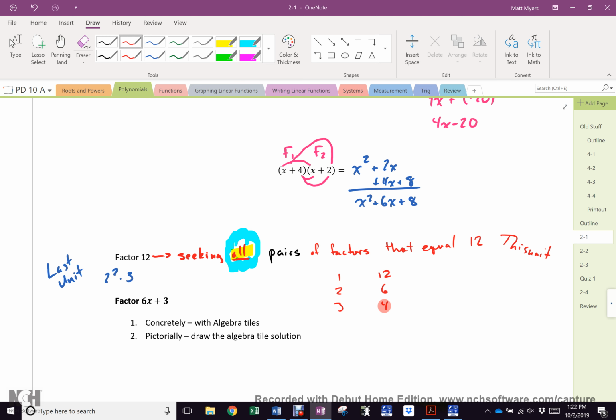Could there be a fractional factor of 12? Yes, because isn't 24 times 1/2 12? So, not only do I want all the pairs of factors, I want them to be integers. That's what I mean in this unit when I request for you to give me factors. Does everybody understand? Yes. Excellent.